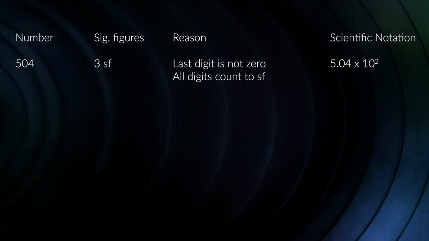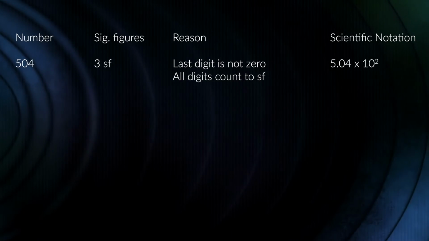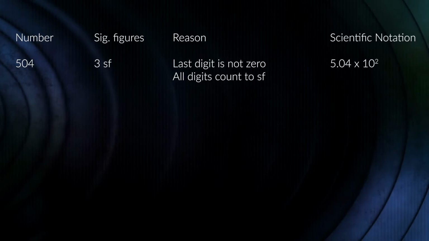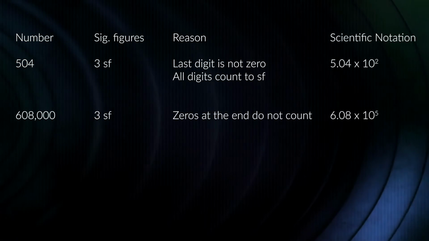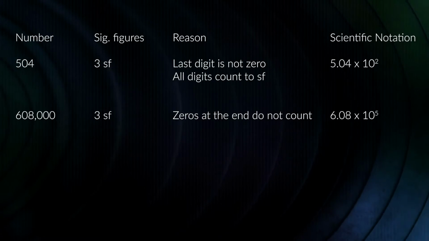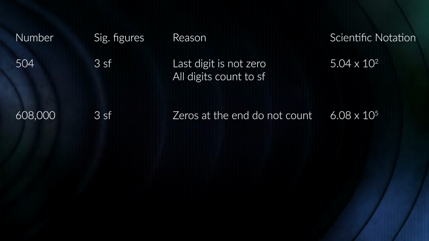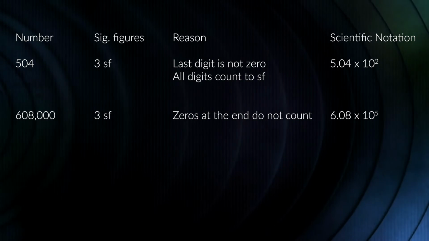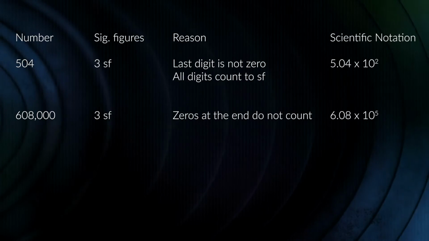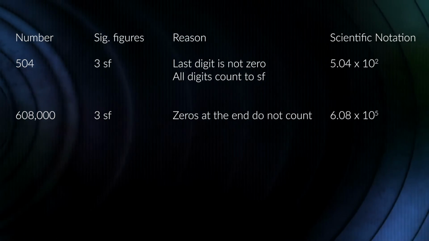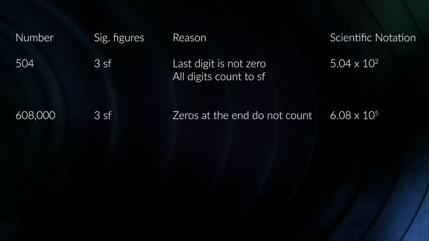And if I wanted to write this in scientific notation, I would write 5.04 times 10 to the power of 2. Now, the second number, which is 608,000, you can see that this is also three significant figures because I've got 608, and then I have zeros at the end. The zeros do not count towards the number of significant figures. So I have three significant figures. And in scientific notation, I would write this as 6.08 times 10 to the power of 5.